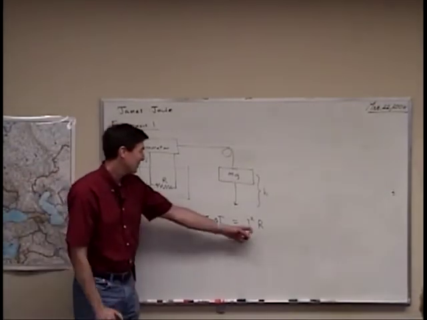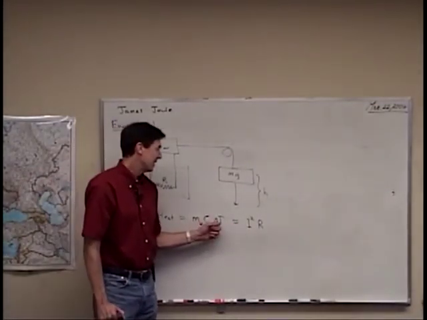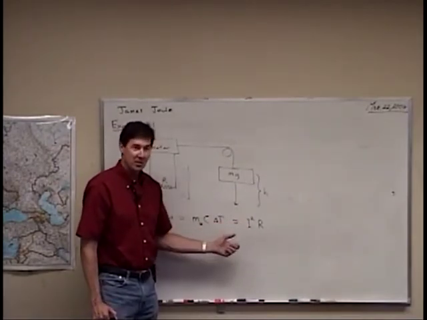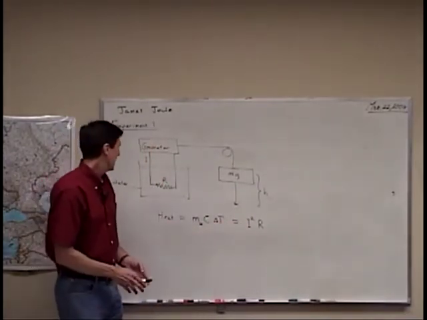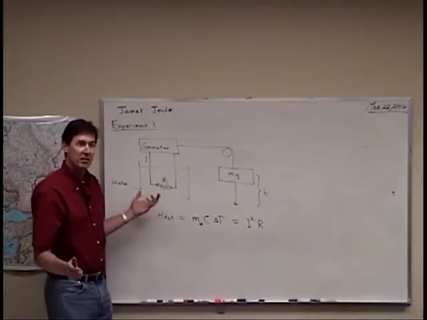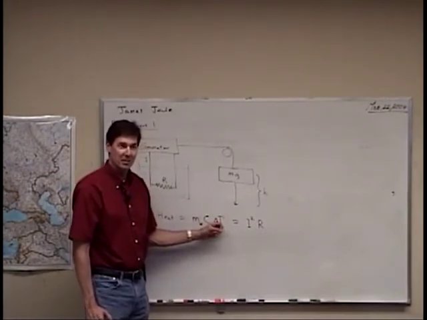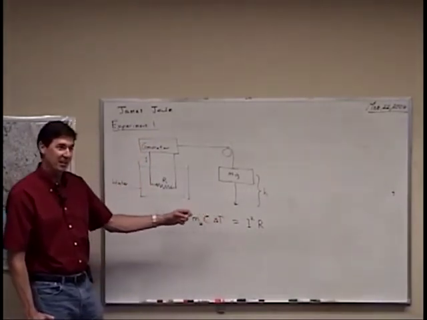Okay, so that's why you can see the heat generated depends on the square of the current. If he makes his resistor here twice as long and keeps everything else the same, he just doubles the temperature increase.